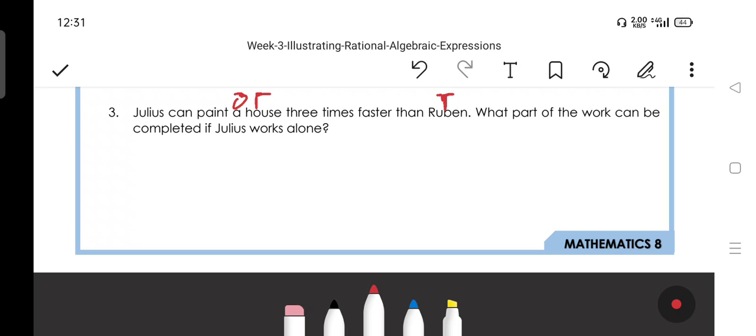However, we're talking about rate of work. So this is only the number of hours. This R actually represents the number of hours Ruben can paint a house, and Julius can do the same job 3 times faster than Ruben. So we have 3R. And if we're going to express this as rate of work, we get the reciprocal actually.